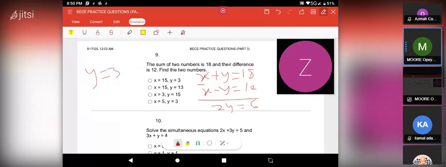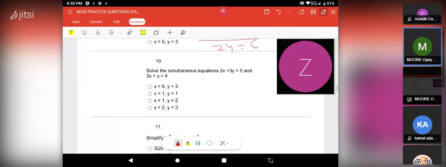If y is 3, what is going to be x? That is x minus 3 equals 12. So x is what? 15. Thank you. So find the two numbers. The two numbers are 15 and 3. x is 15, y is 3. Is that clear?